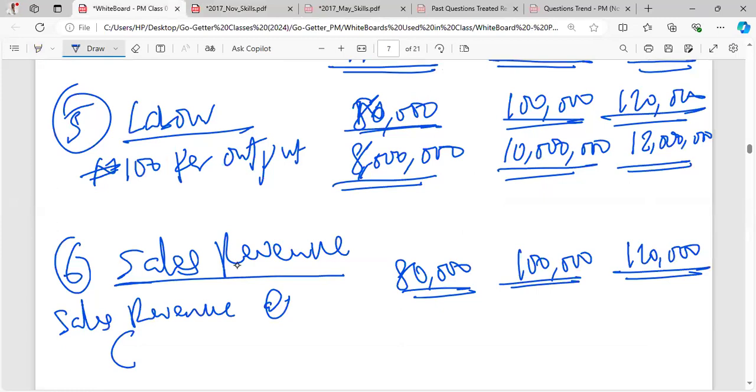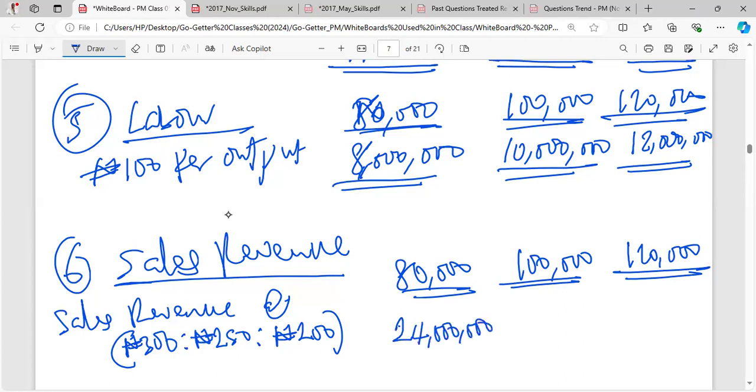At 300 is to 250 is to 200. When you do it this way, it takes 300 times 80. 3 times 8 is 24, so this is 24 million. 250 times 100,000 should give me 25 million.